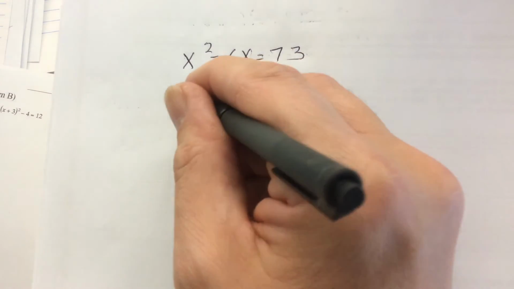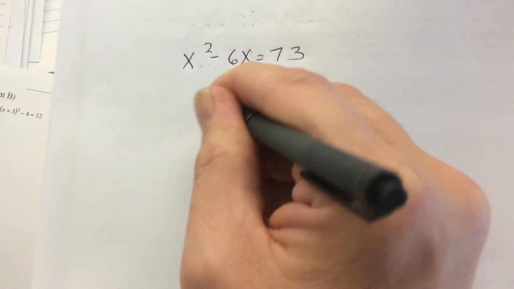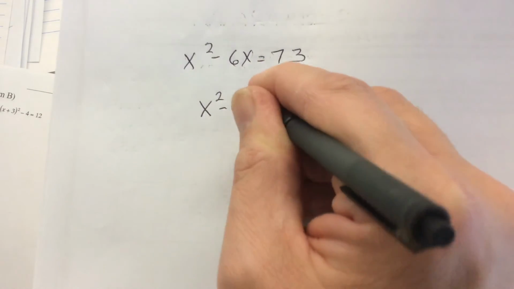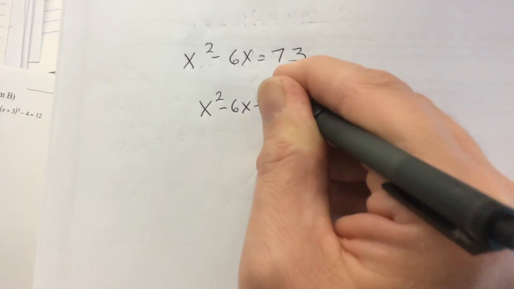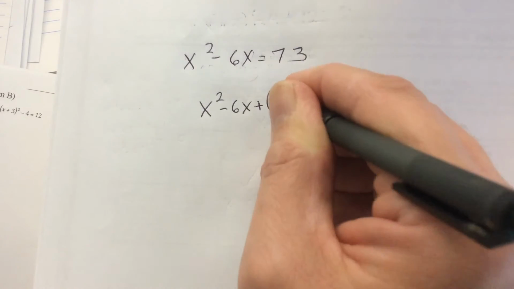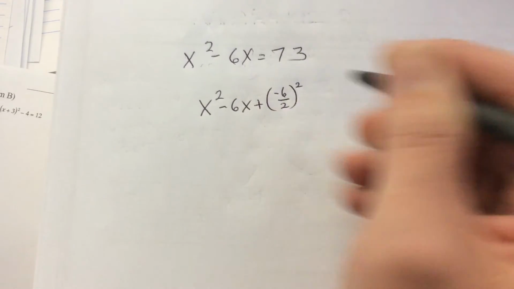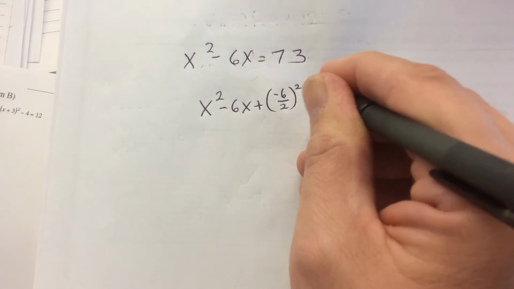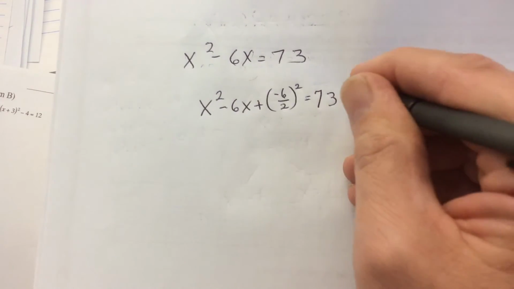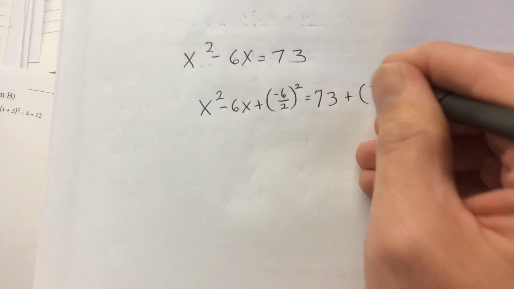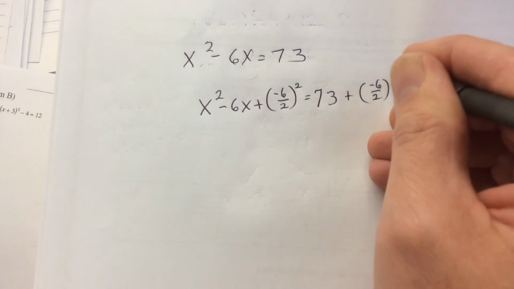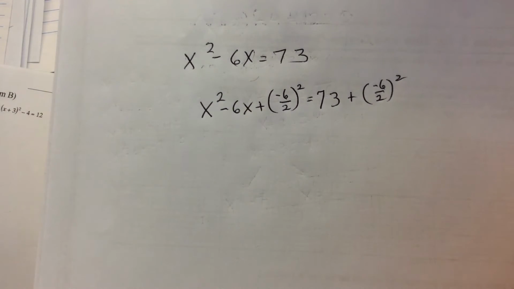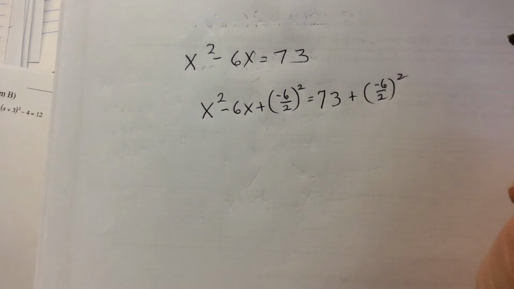But it might be easier to say x squared minus 6x plus negative 6 over 2 squared, and add that to both sides. Why? Because now I'm completing the square.